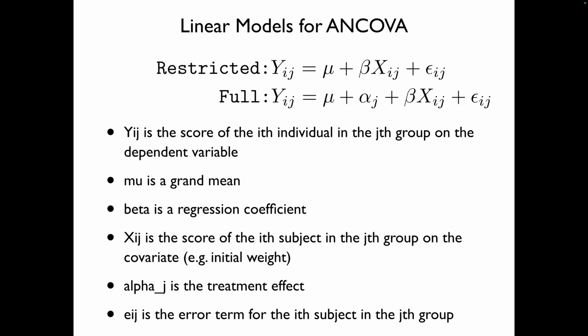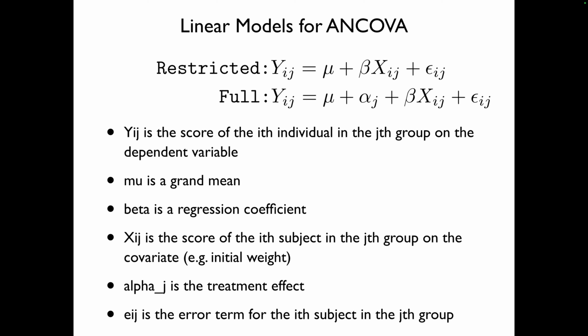So we've got two competing models. They both include the covariate, importantly. ANCOVA is not a test of whether the covariate should be there or not. In ANCOVA, the covariate is there in both models. What's missing from the restricted model is the discrete variable, the factor.